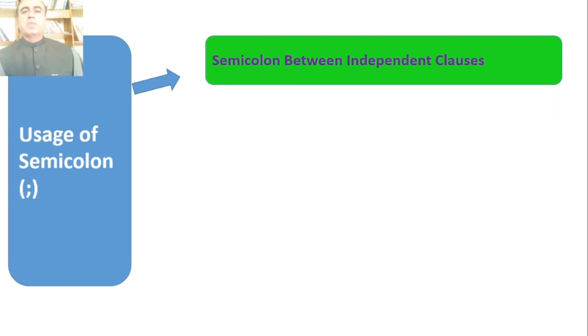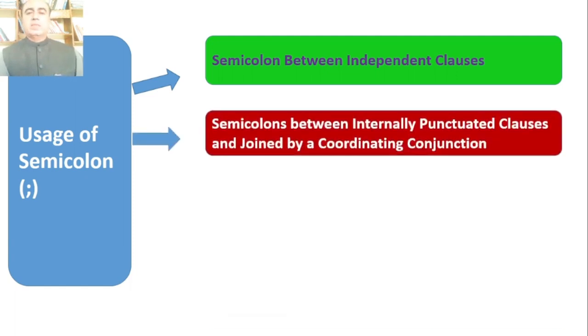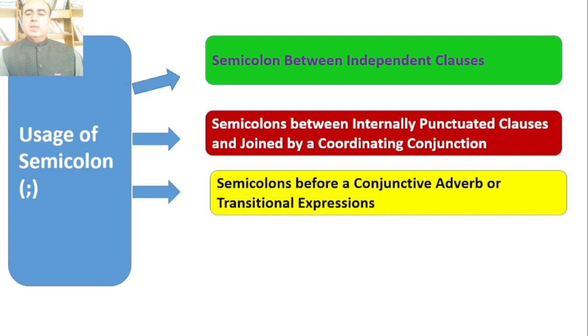First one is between independent clauses, and the second one is semicolon between internally punctuated clauses joined by a coordinating conjunction. Coordinating conjunction, we will be talking about that too. And then semicolons before a conjunctive adverb or a transitional expression.